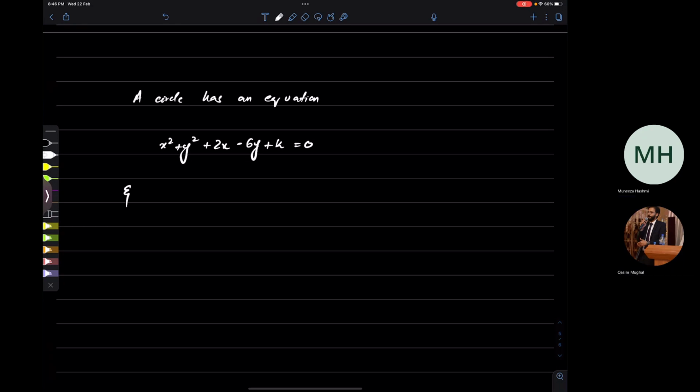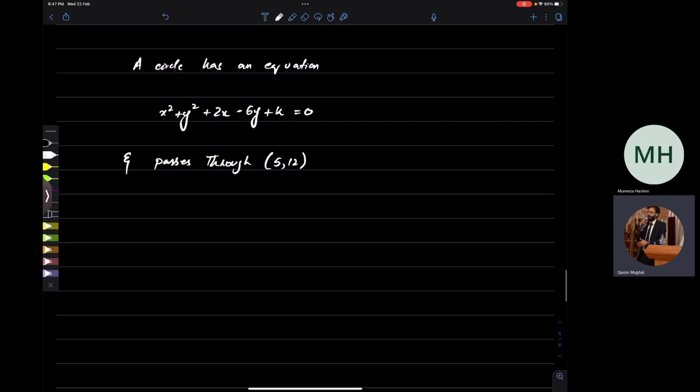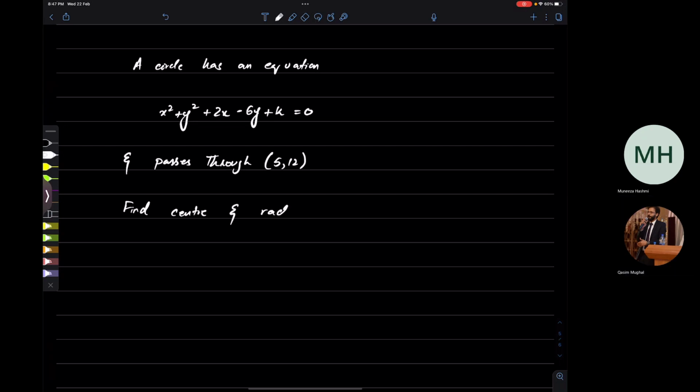And it passes through 5 and 12. And he's asking us to find the center and the radius of the circle.